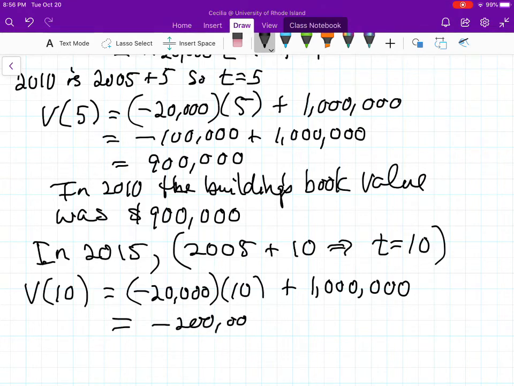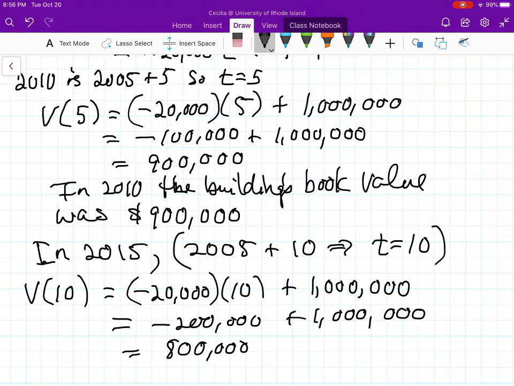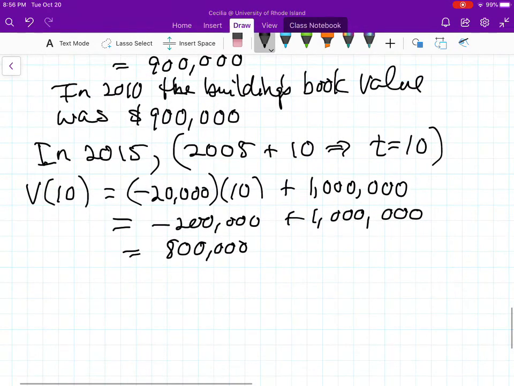So we now see 5 more years and we've lost another 100,000. And every 5 years it's going to be 100,000. And that's because it's the same rate of depreciation across all 50 years. So it's a constant rate and we are just going down until we get to 0.